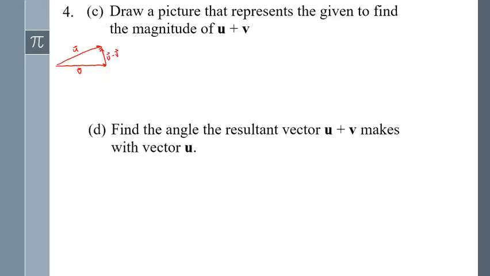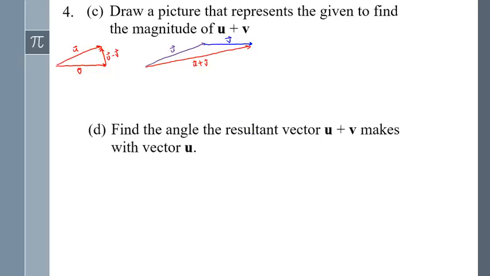Well, when we do tip to tail, which is how we do it for adding vectors, we get a vector u plus a vector v, so we connect that to the end of the previous vector. And then we get this triangle here, and that long red piece is now u plus v. So that's the big difference between adding and subtracting them.